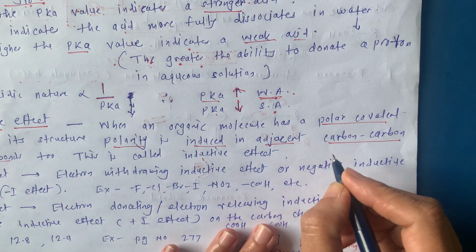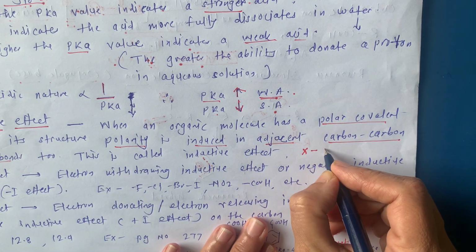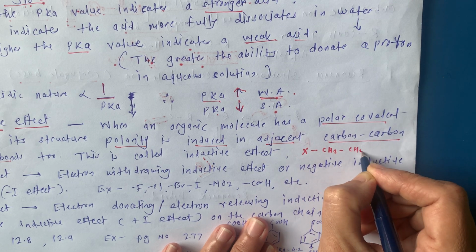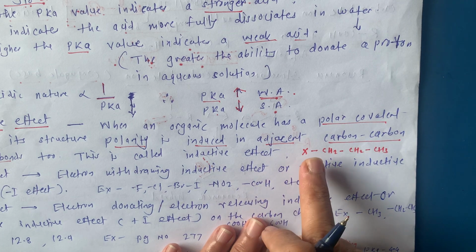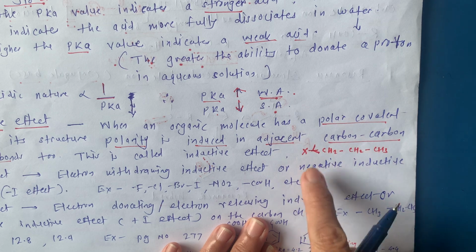So for example, if there is a halogen X connected to this carbon, and then it is connected to another carbon, and to another carbon like this, then this is an electron withdrawing group.